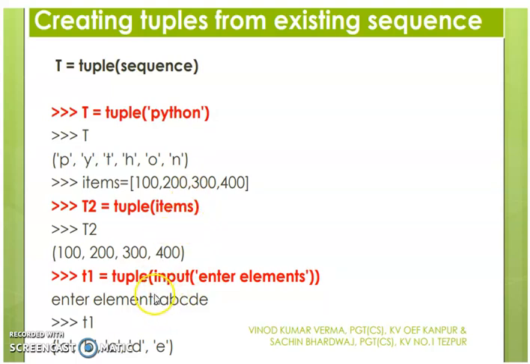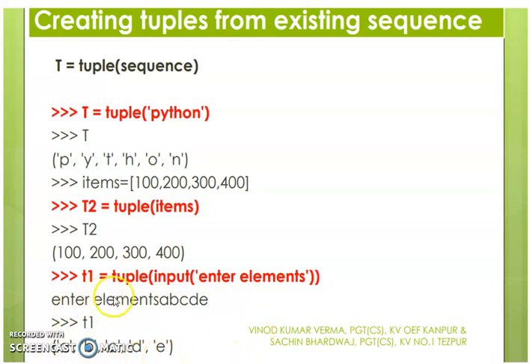Next one, T1 is equal to tuple of input, enter elements. Here we have given one statement to read elements, so you can enter the elements. Here we are giving A, B, C, D, E. It's a string. So when you enter data like this, it will take this as a tuple. That's why here we get A, B, C, D, E.